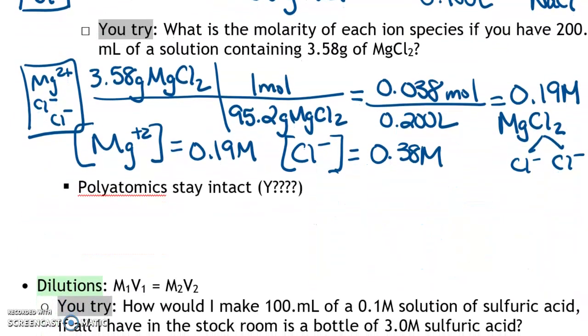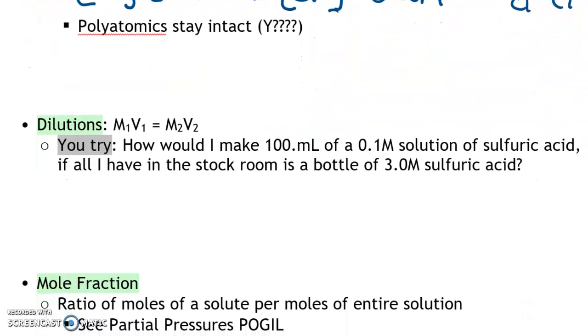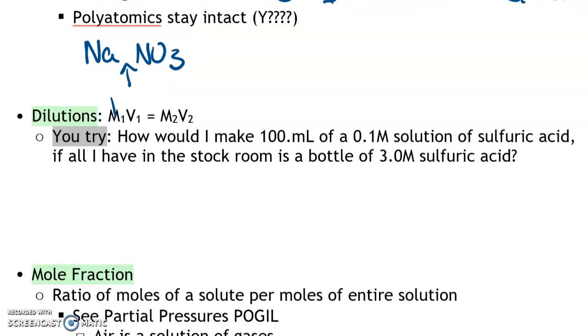Okay, keep in mind polyatomic ions stay intact, because if you have, for example, NaNO3, this association is your ionic bond, but these atoms are covalently bonded.